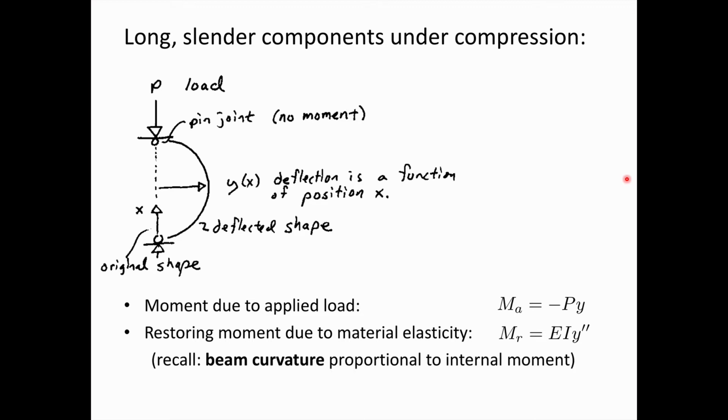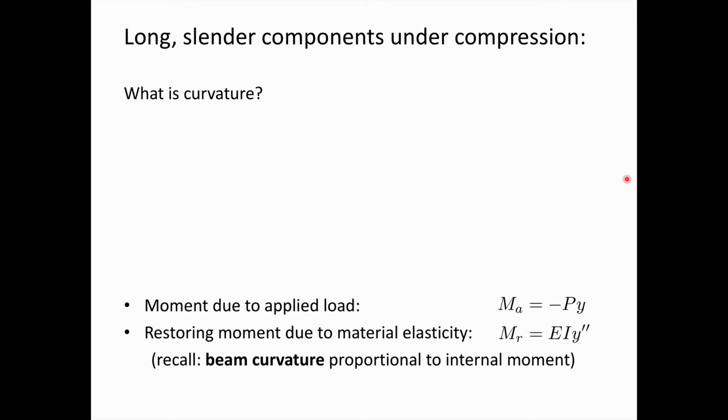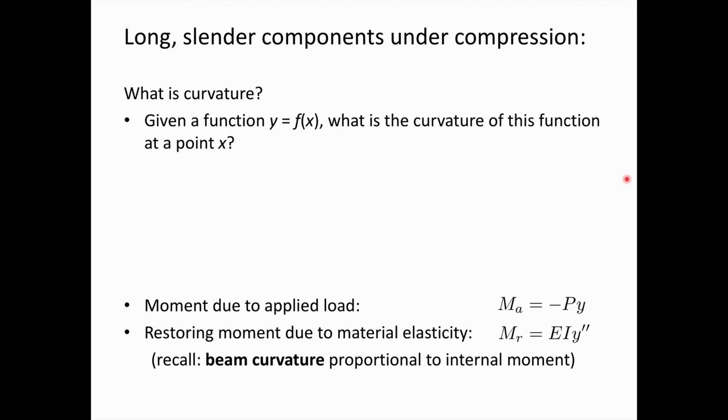So if we dig a little bit into curvature, this is a topic, I believe, from Calculus 2 typically. If you have some function here, y equals f of x, what is the curvature of this function at a point x? It's 1 over the radius of curvature, and it's possible to derive this formula that involves the second derivative and the first derivative.